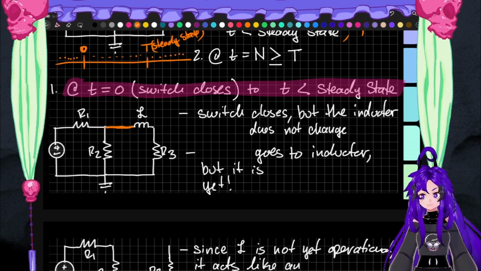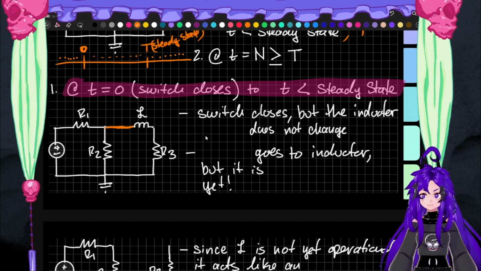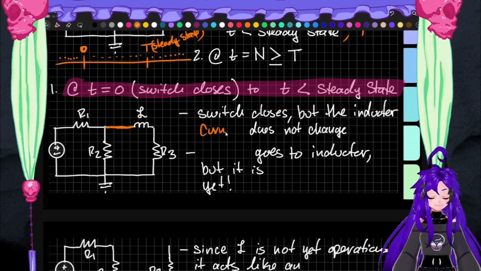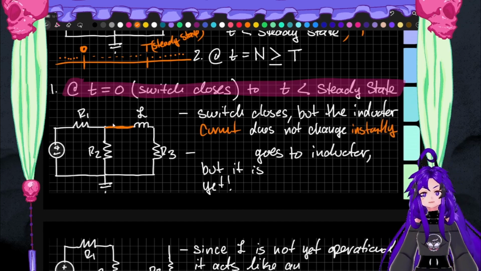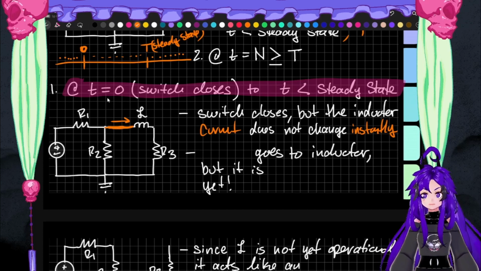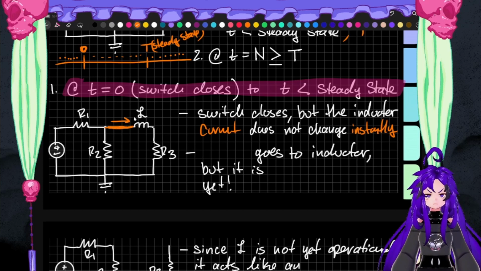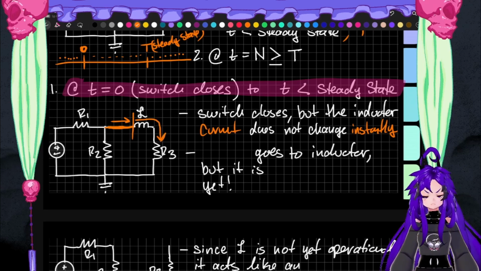The switch is closed, but the inductor current does not change instantly. So what that means is that as soon as the switch closes, there's not suddenly current flowing through here.